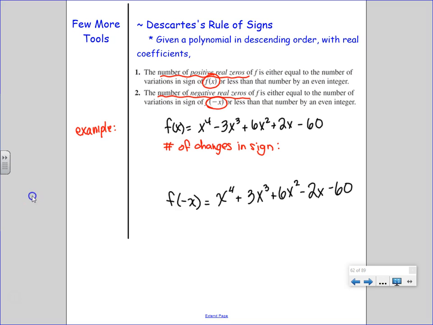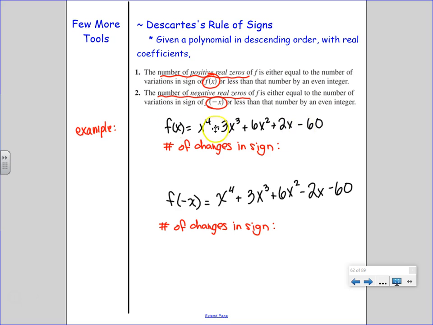As you move from the fourth to the cube to the squared to the single to the constant, how many changes in sign for f of x, just normal? Well, there's 1 change in sign, right? 2 changes in sign. 3 changes in sign.